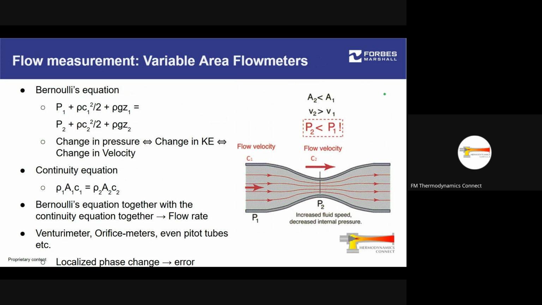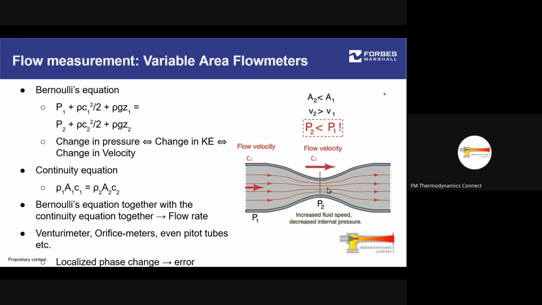But the moment you try to do this with a liquid which is very close to saturation, very close to phase change, every time you have this pressure reduction, you're also going to get a corresponding change in phase, some segment of the liquid changing phase. So what it breaks is the homogeneity of the material.